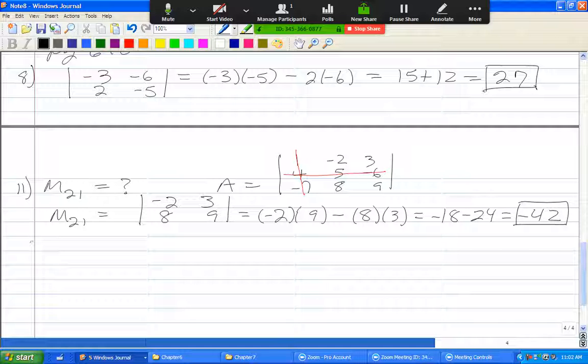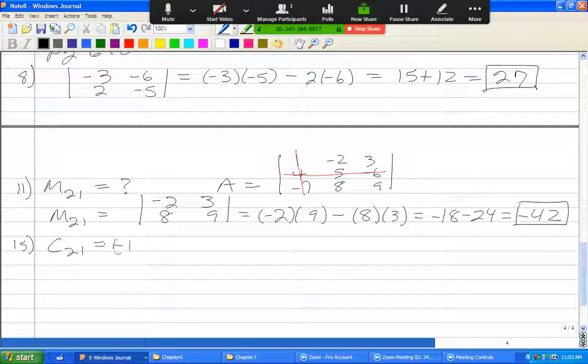Let me do problem number 15, C21. Okay, so I can think of this as doing it either of two ways.